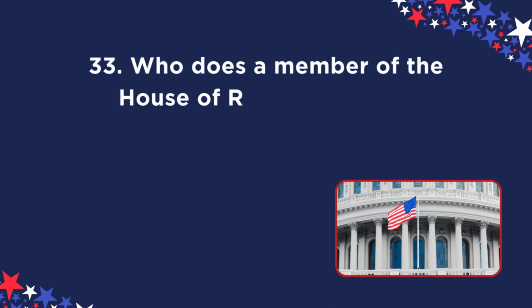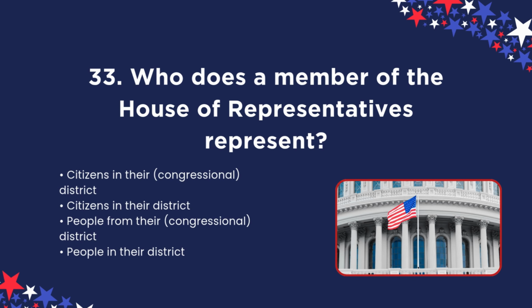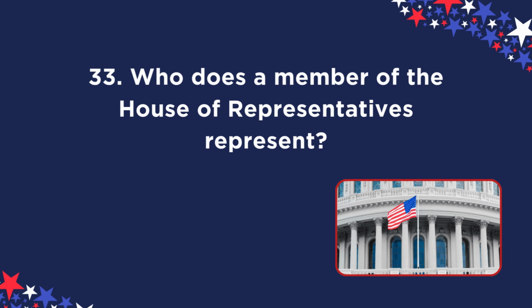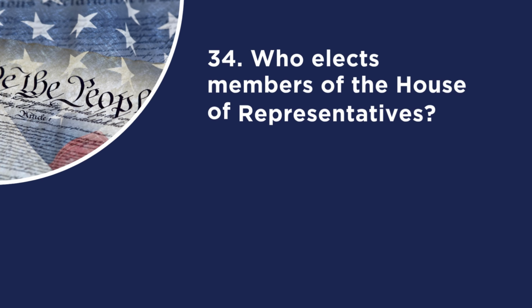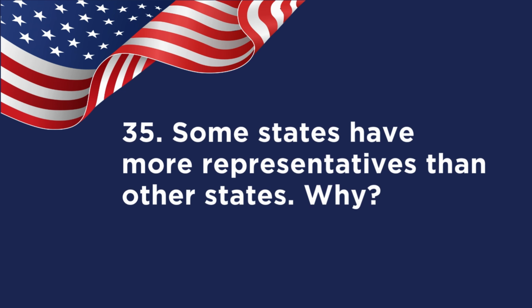Who does a member of the House of Representatives represent? Citizens in their congressional district. Who elects members of the House of Representatives? Citizens from their congressional district. Some states have more representatives than other states.